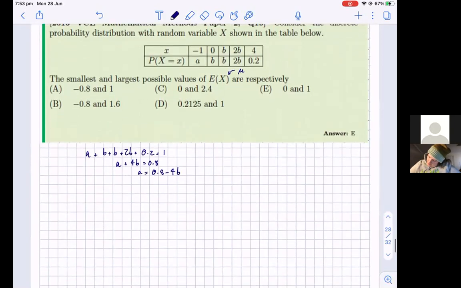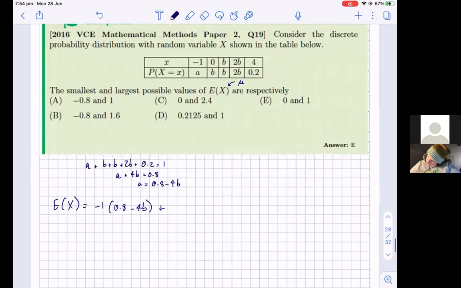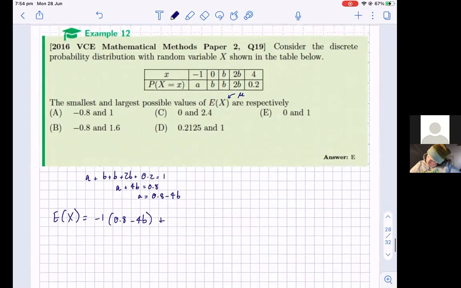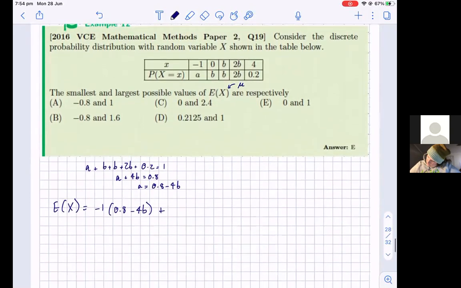And then the expected value of X is minus 1 times A, which is 0.8 take 4B, plus 0 times B plus B times B plus 2B times 2B plus 4 times 0.2.